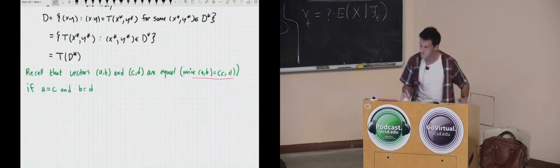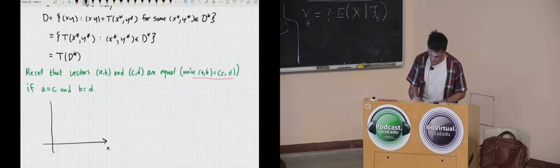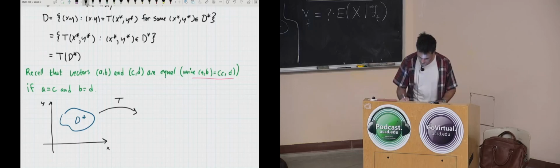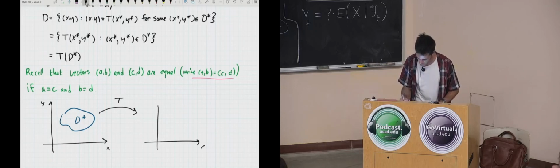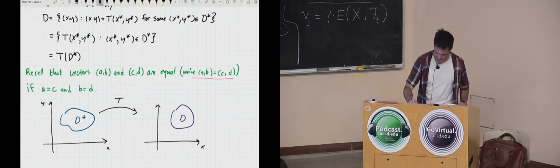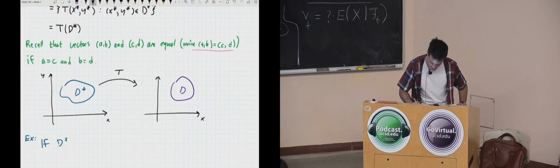Here's an image. Let's say here's the xy plane, and this is D star, and it's going to get mapped via the transformation T to some other set, also in the plane, which is D. For example, how about if D star is 0, 1 cross 0, 2 pi.